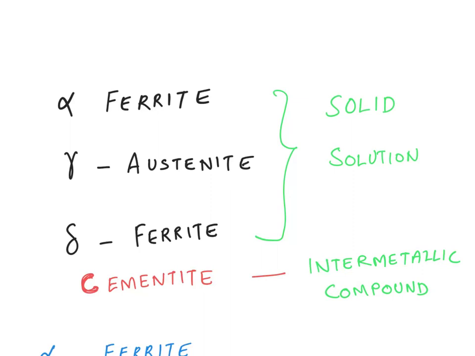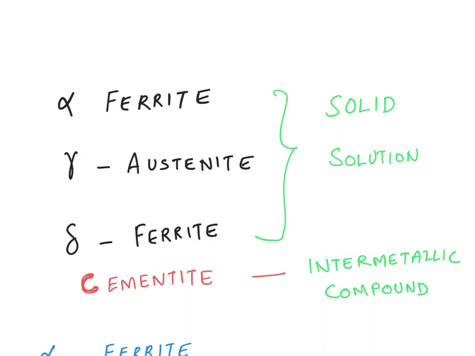The first three in the list, alpha ferrite, gamma austenite and delta ferrite, are basically solid solutions. They are interstitial solid solutions, as our carbon atom is very small in size compared to an iron atom.